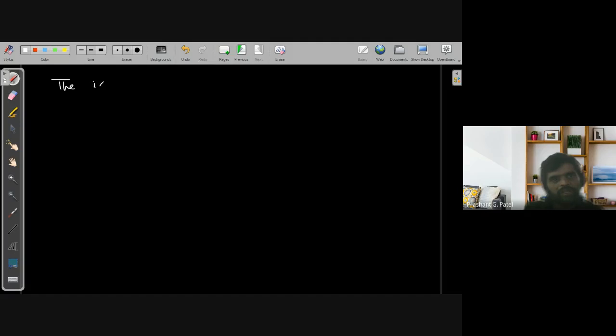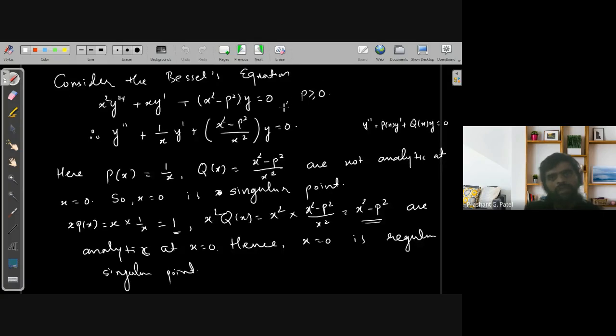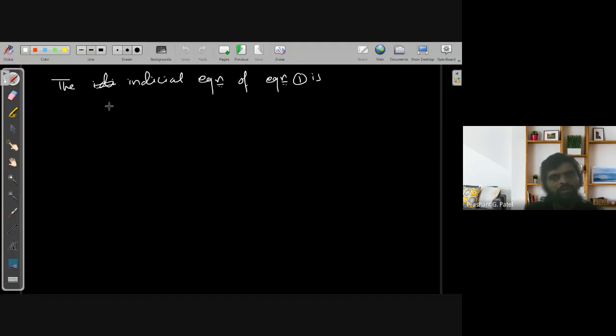The indicial equation of equation 1, what is the equation 1 that we are calling this is equation 1. What will be the indicial equation for this equation 1?